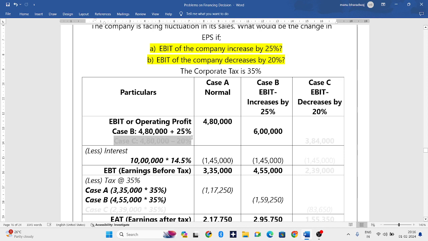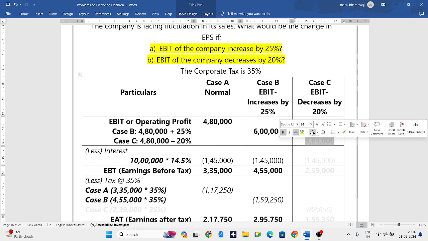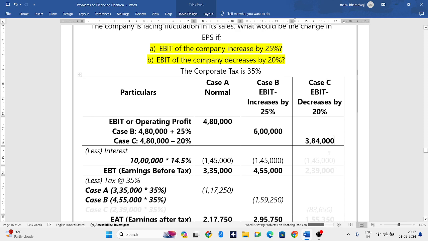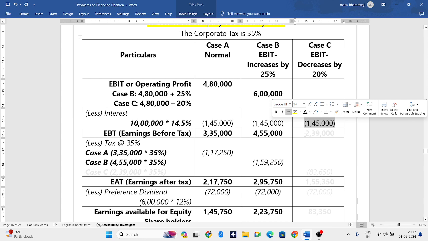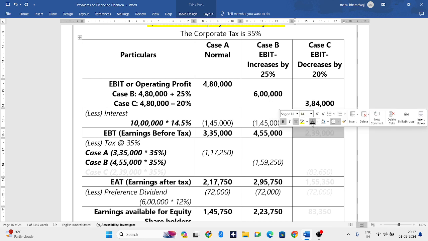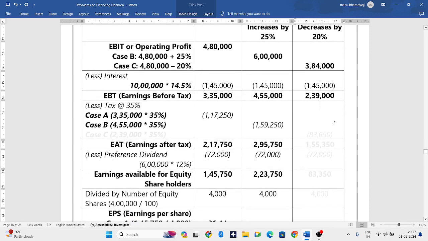Next, the third case, they say what if the EBIT decreases by 20%? The actual EBIT was 4,80,000. If it decreases by 20%, you will get an EBIT of 3,84,000. From that, reduce the interest of 1,45,000. You will get earnings before tax, that is 2,39,000.